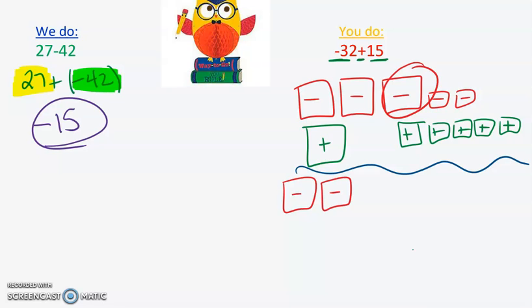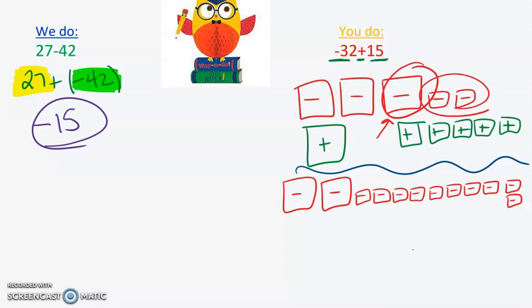Remember, I'm changing this one to 10 small negatives. 2, 3, 4, 5, 6, 7, 8, 9, 10. These are all negatives. So that was just from that big clunk, and then I still have these 2 small ones left over.